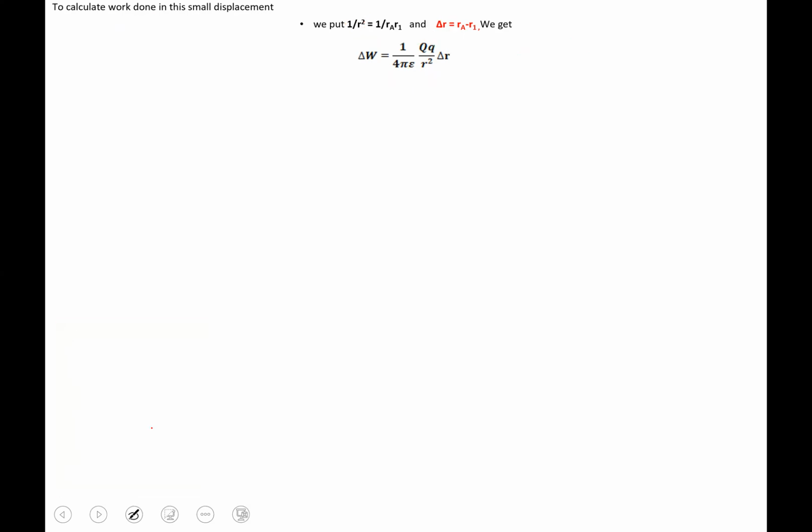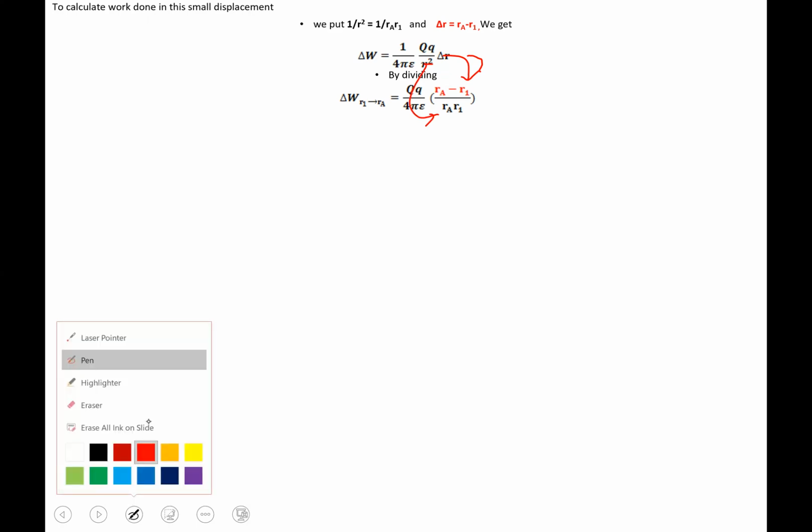What do we get from here? By dividing, the work done from R1 to Ra is going to be Qq over 4 pi epsilon naught, where Q is the isolated charge and q is the test charge. We put the value of delta R, which is Ra minus R1, and R square, which is Ra R1, and we can solve them separately by taking the LCM.